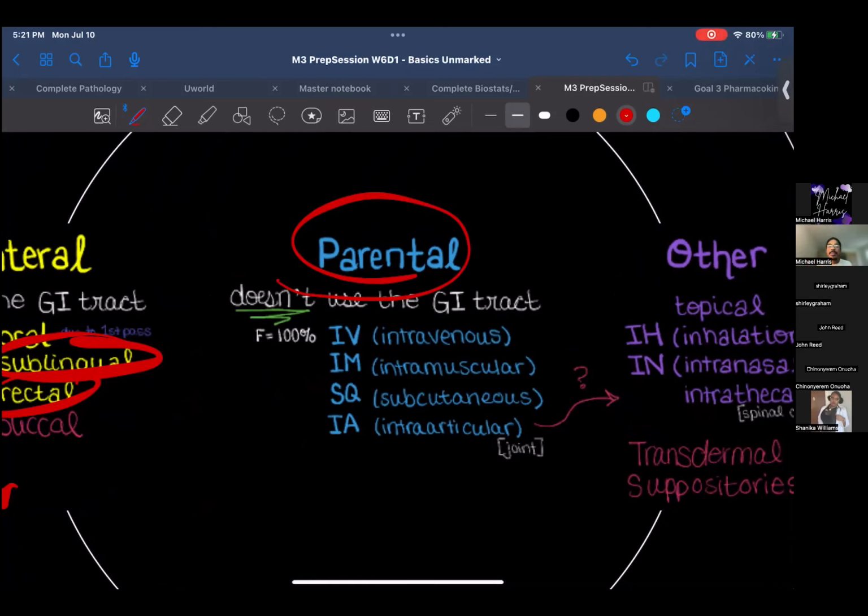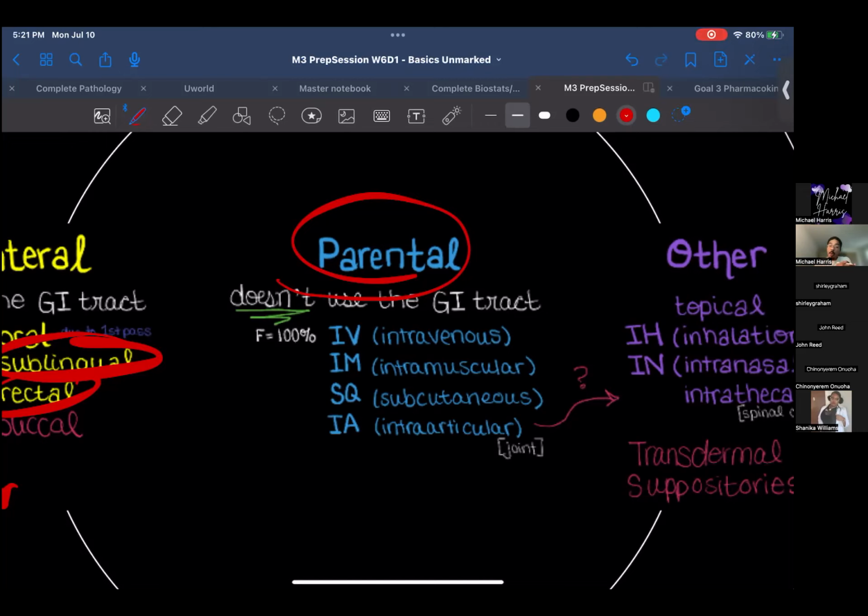With that being said, is this going anywhere near your liver? If you do an IV line, no, perfect. Even if you go intramuscularly or subcutaneously or intra-articular with cortisone injections for osteoarthritis or rheumatoid arthritis or whatever, these do not go through the liver.